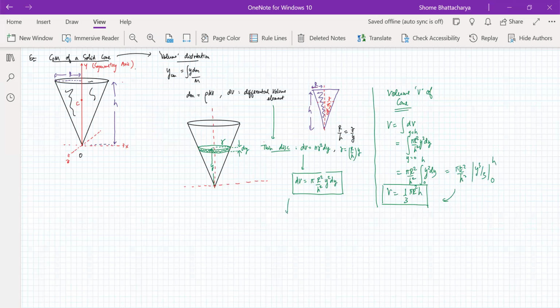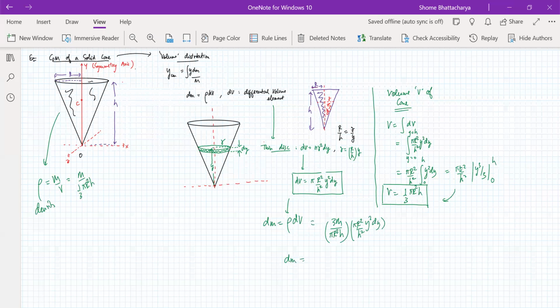Now the mass of that disc. The density rho will be total mass upon total volume, so m upon 1 by 3 pi R square h, into the volume of that element, that's R square by h square pi into y square dy.